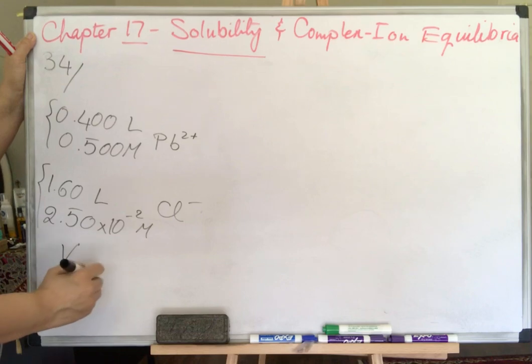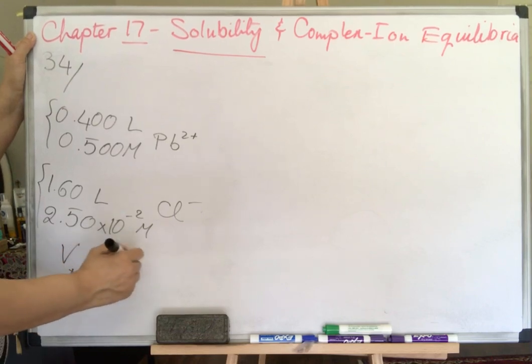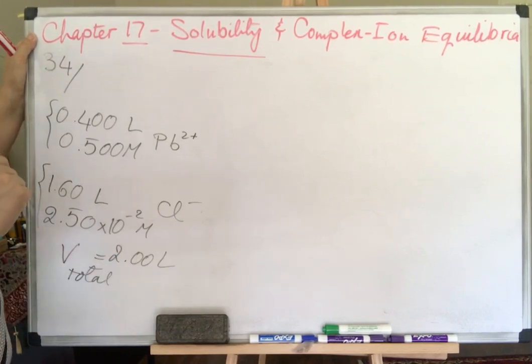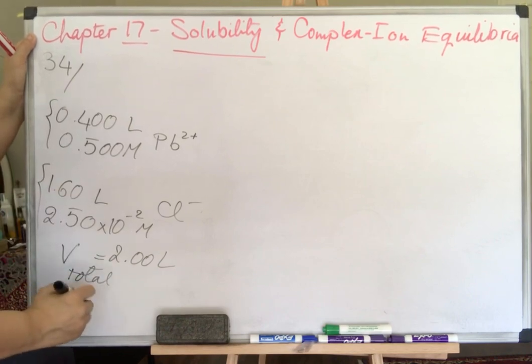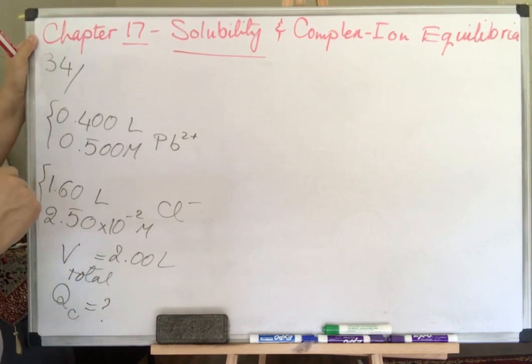V total is going to be 2 liters. Calculate QC and predict if this precipitate will form or not.